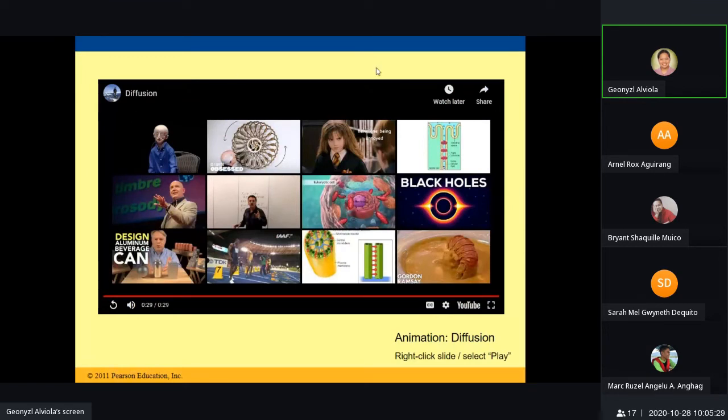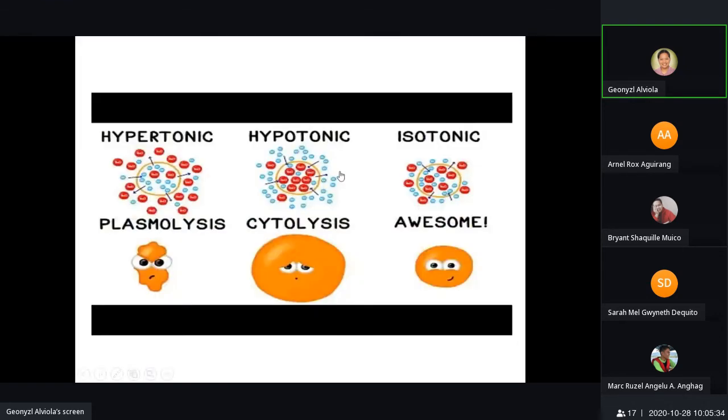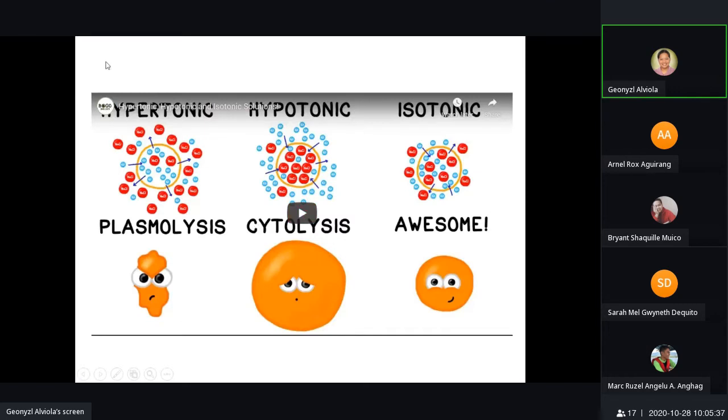So diffusion is another membrane activity in which the molecules can pass through without hassle. But it depends on two types. We have the passive and the active. Kung passive, simply in and out lang, depending on the concentration gradient. Like for example, kung highly concentrated sodium sa loob, and this will attract water.